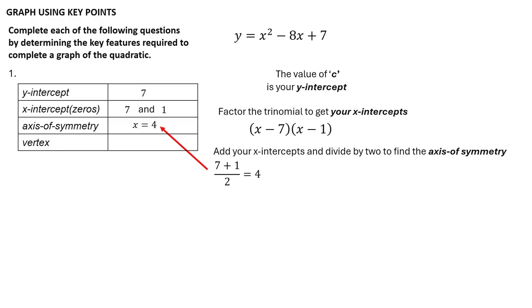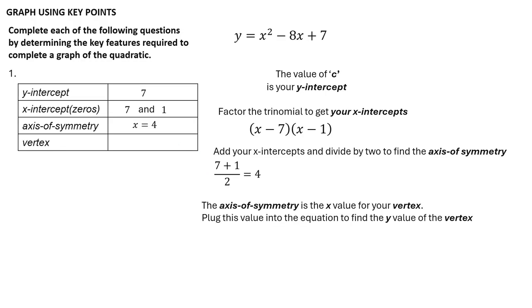And then we come to our vertex. Now the vertex is the pointy end, but it's related to the axis of symmetry in that the axis of symmetry goes right through the vertex. In fact, the value of the axis of symmetry, in this case 4, is the x value of the vertex.